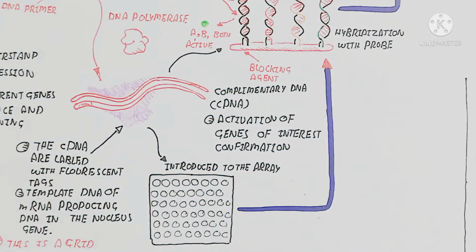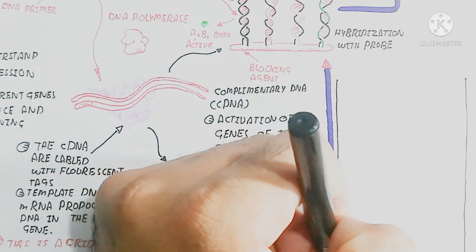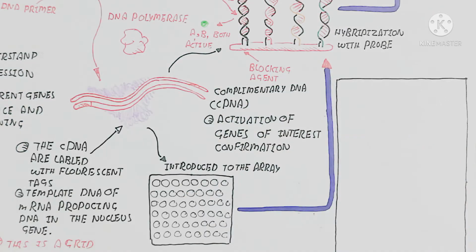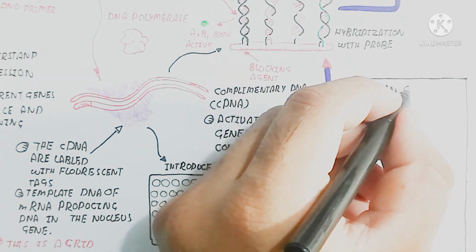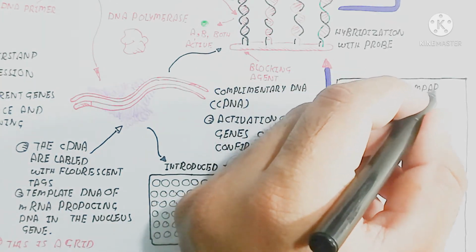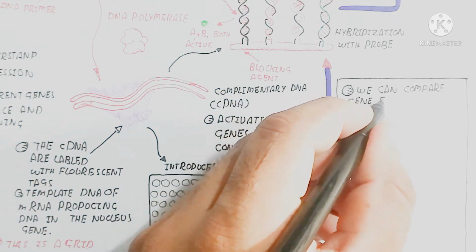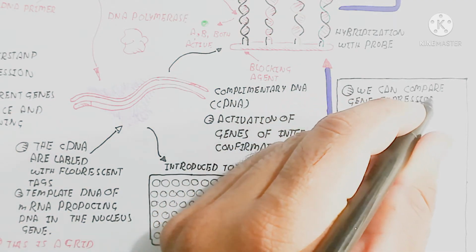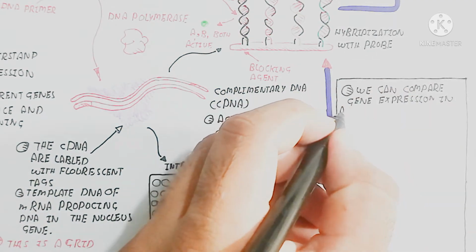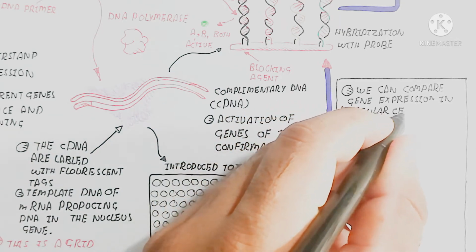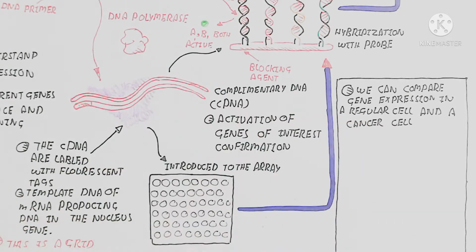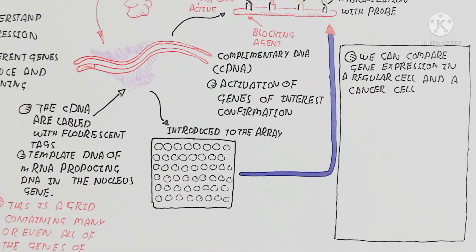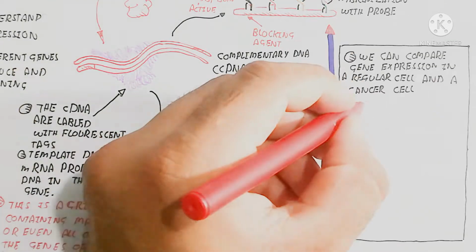The important thing is that the color shows on the basis of binding with a probe to become a hybridized probe. If mixed color shows, it means multiple expression in multiple tissues, while if a single color shows, it means single expression on the basis of a single gene. So that is the microarray assay. I hope you make sense of that.